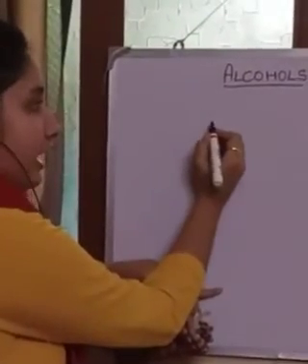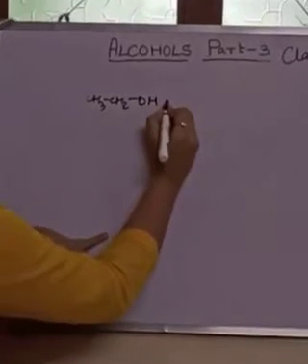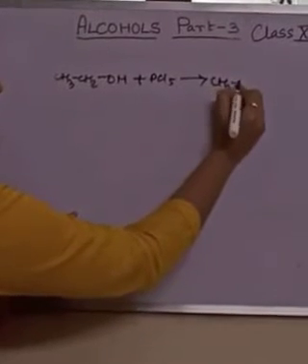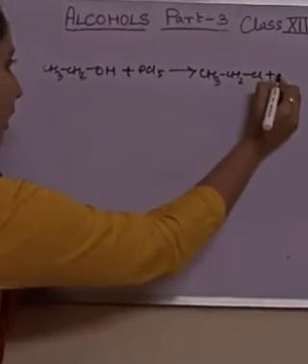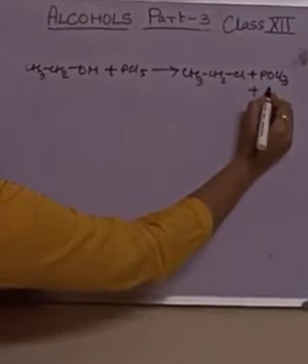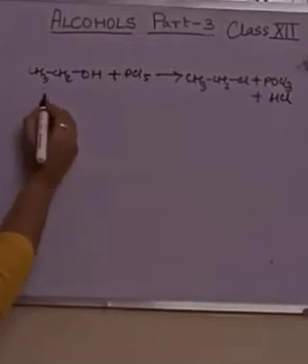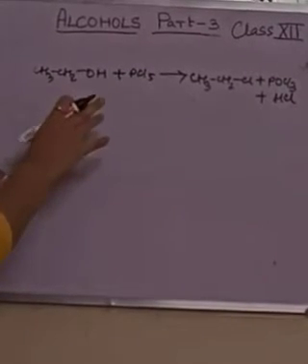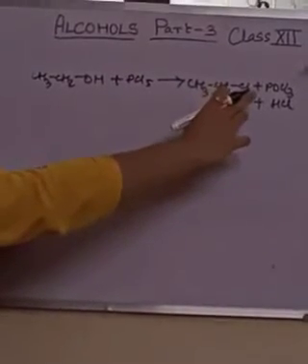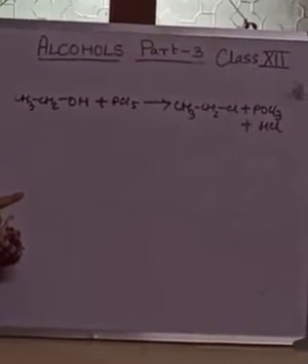Reaction with phosphorus halides is such that alcohol reacts with PCl5, resulting in haloalkanes, POCl3 and HCl as byproducts. Now this will also react with PCl3 as well.